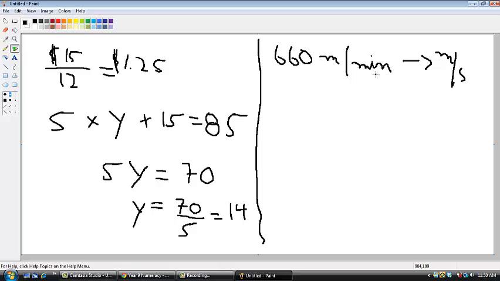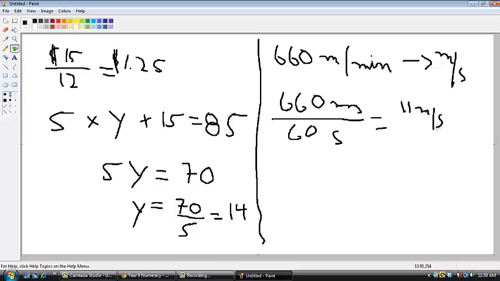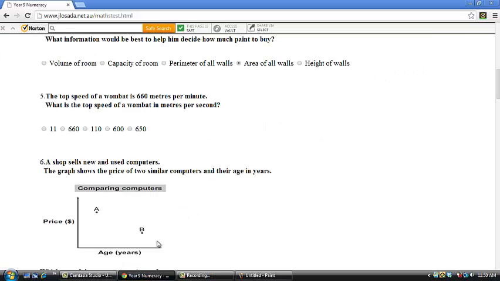Since we know that every minute has 60 seconds, all we have to do is take the 600 meters per minute and divide that by 60 seconds. That gives us 11 meters per second.